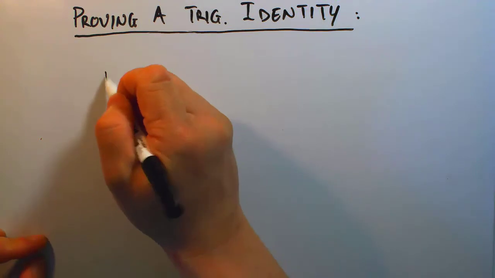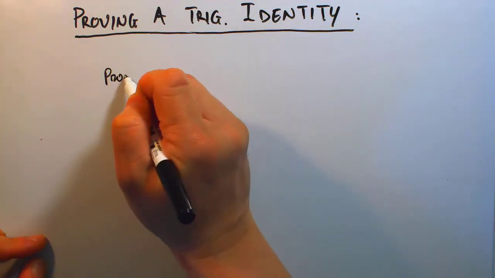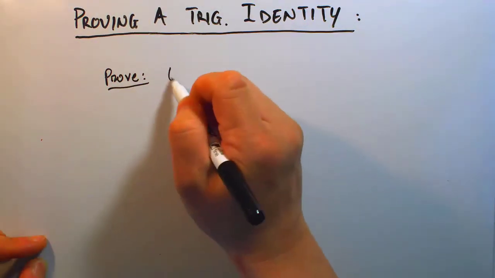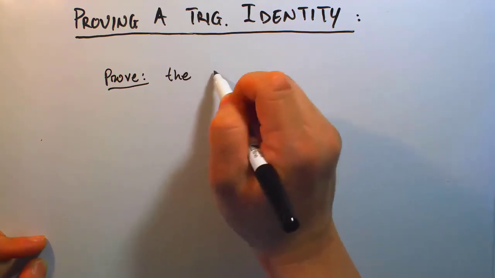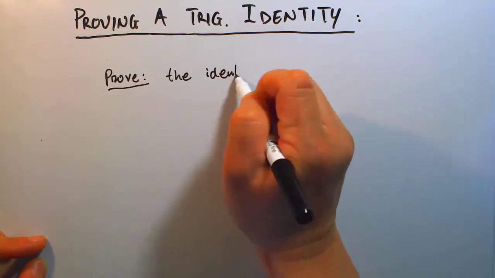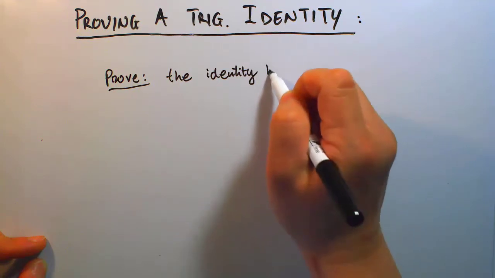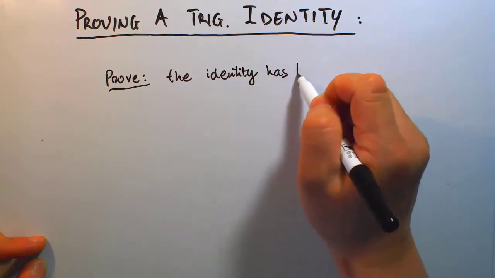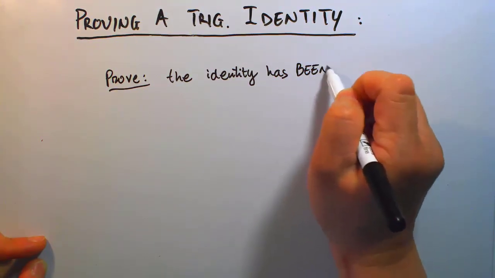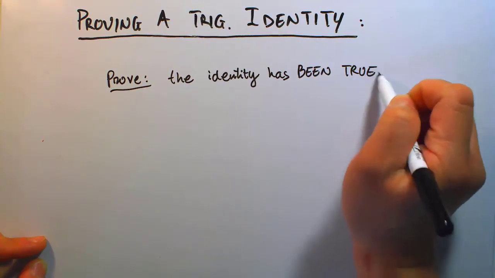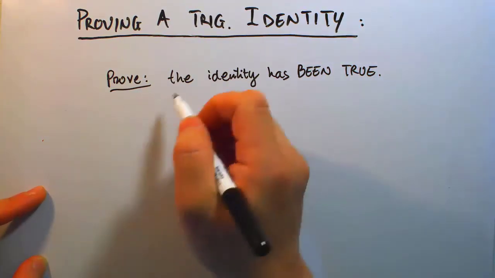When the problem asks for proof, then the identity has been true. We just need to prove it.